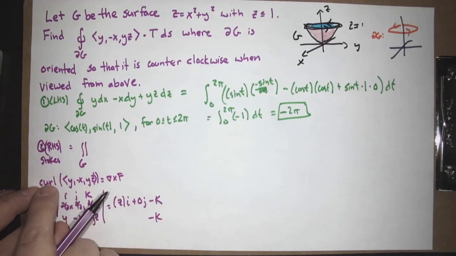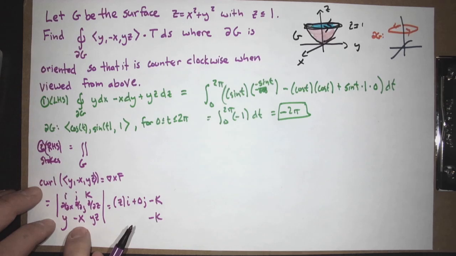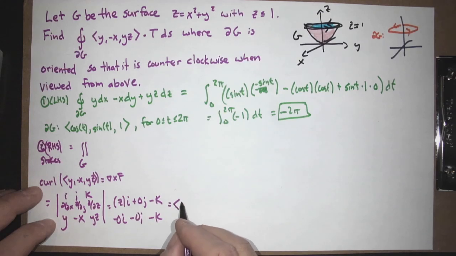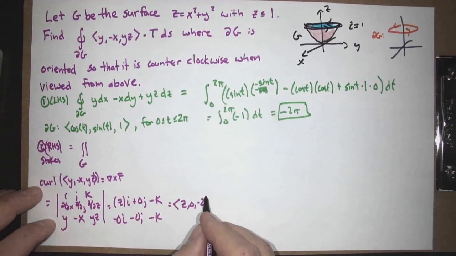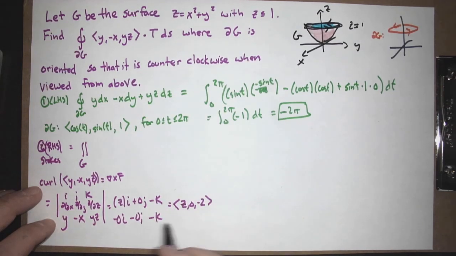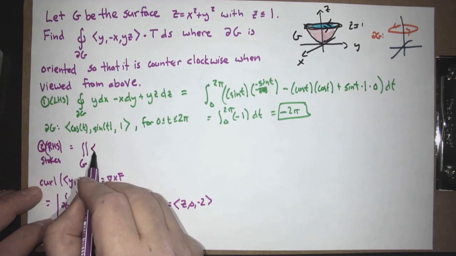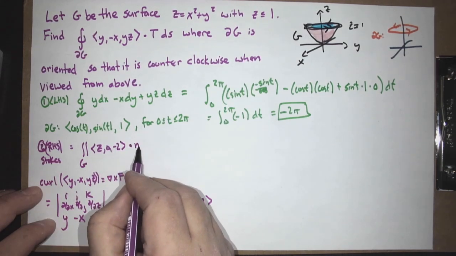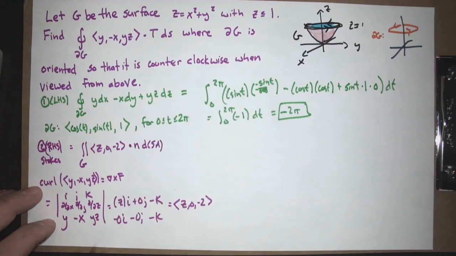We're going up instead of down. Partial z of minus x is 0, and that's in the i direction. We'll subtract that. And partial x of yz is 0, and that's in the j direction. So this becomes (z, 0, minus 2), and we know this is (z, 0, minus 2) dot n dS.